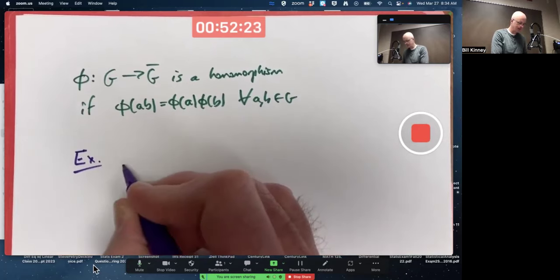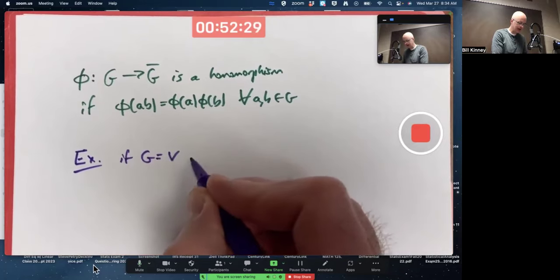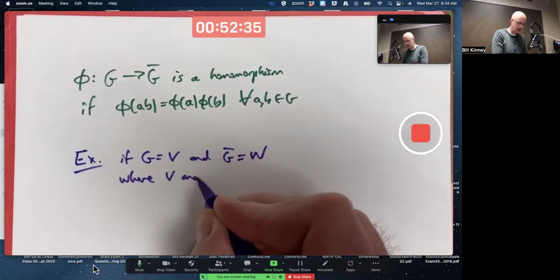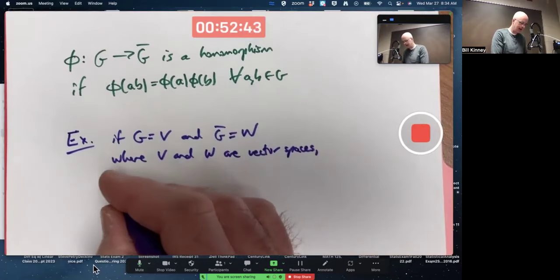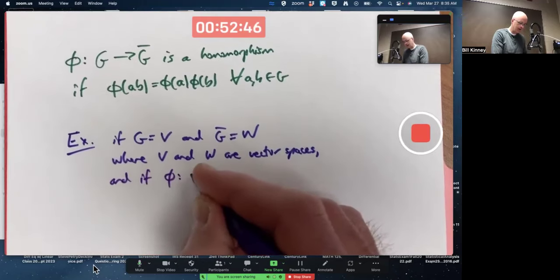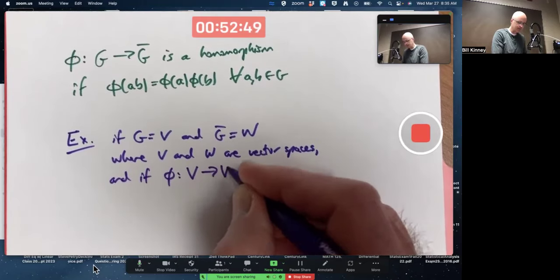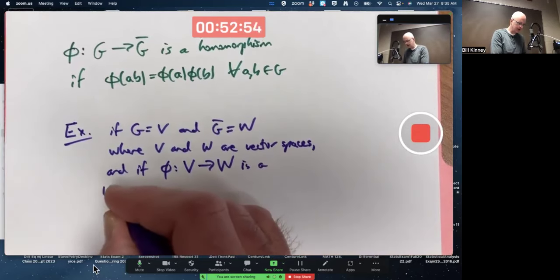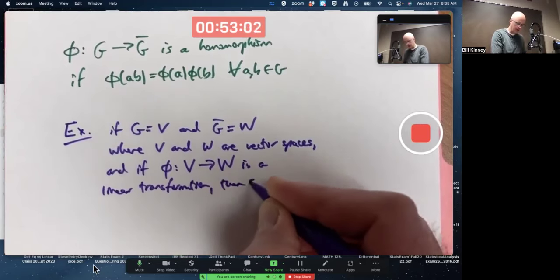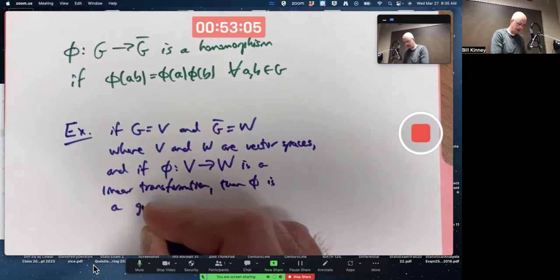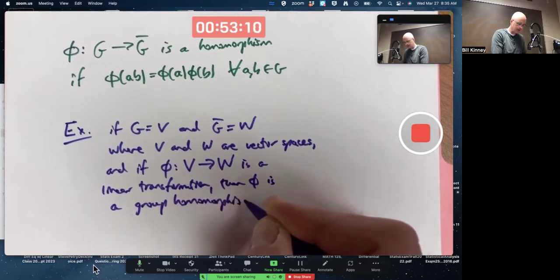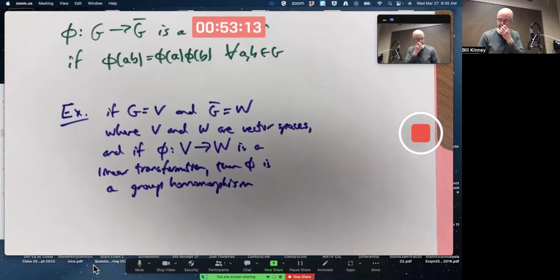Example, if G equals V and G bar equals W, where V and W are vector spaces, and if phi from V to W is a linear transformation, then phi is a group homomorphism. Okay, that's a long-winded way of saying linear transformations are group homomorphisms.